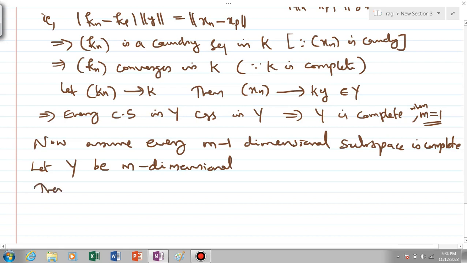Then it has a basis. Let y1, y2, etc., ym be a basis for Y.